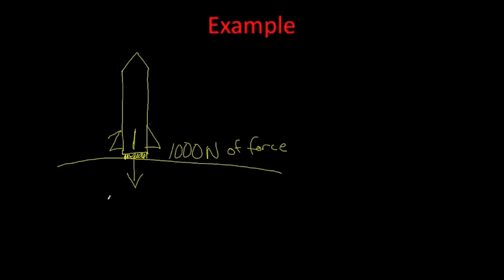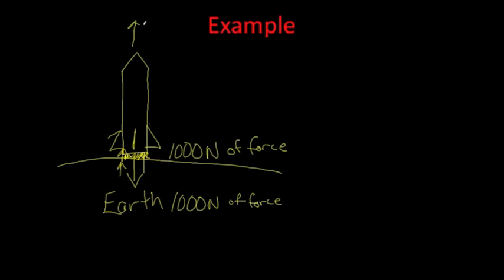Okay? The Earth pushes back on the rocket with an equal amount of force. Okay, 1,000 newtons. The rocket starts to move, all right, because it has less mass.